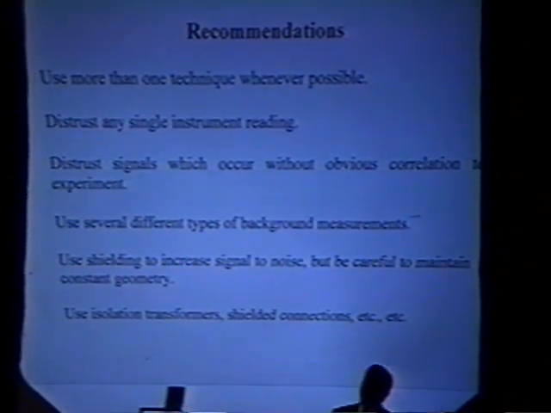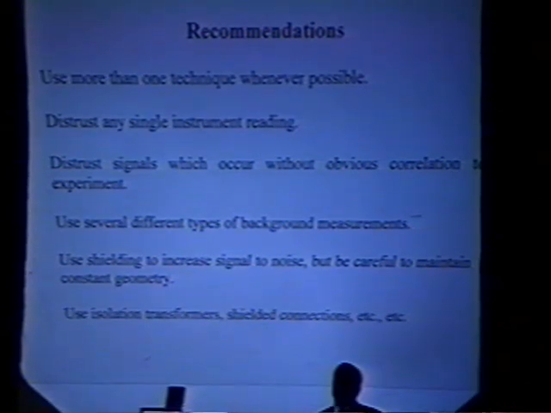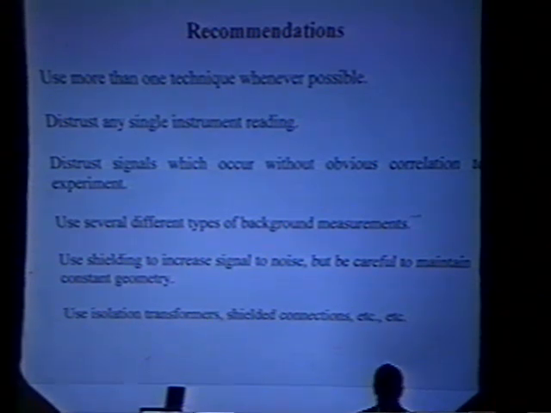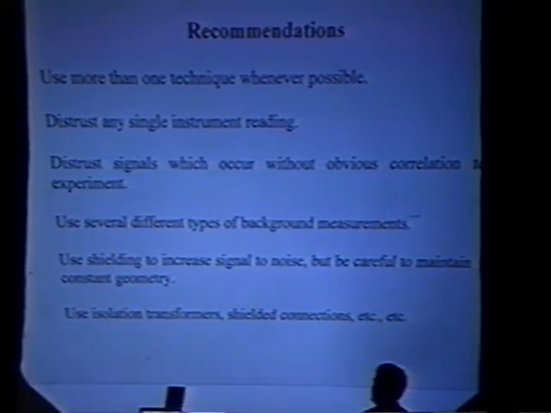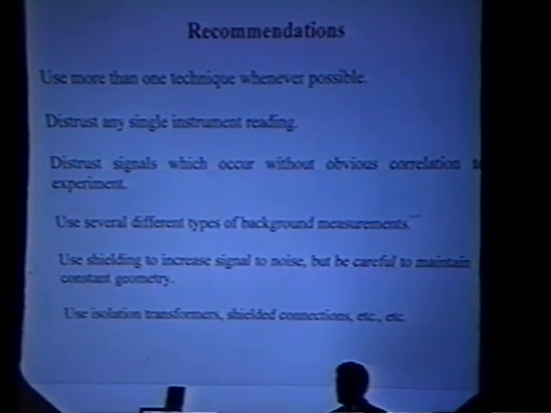It's also a very important feature to use shielding in order to increase the signal-to-noise ratio. But just a reminder that we have to be careful that we don't change the experimental geometry in doing that. Then from an electromagnetic point of view, I haven't said a lot about how to shield against electromagnetic radiation other than it's very important to use isolation transformers if they're available and try to shield everything, then shield it again.